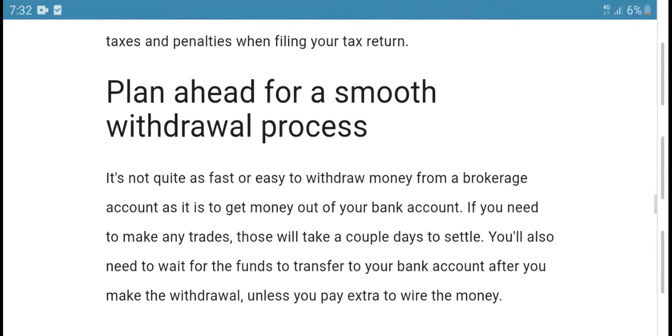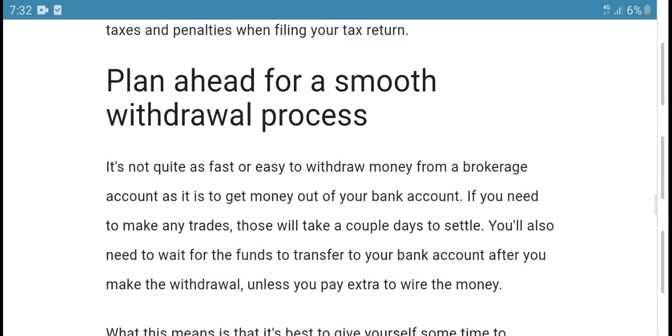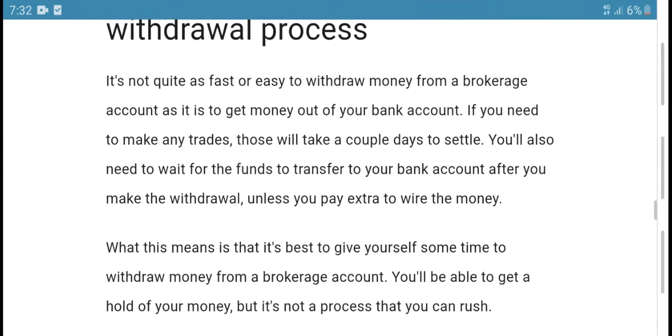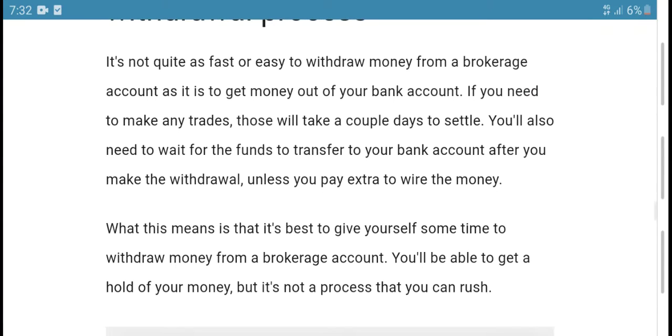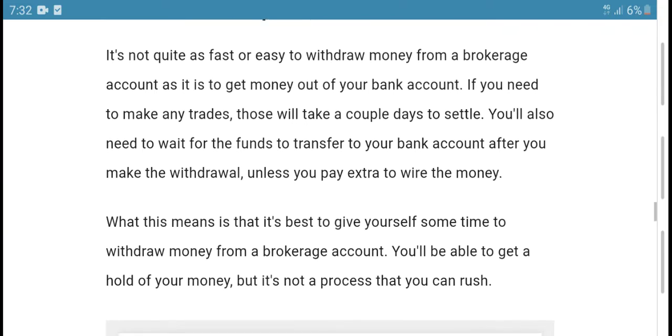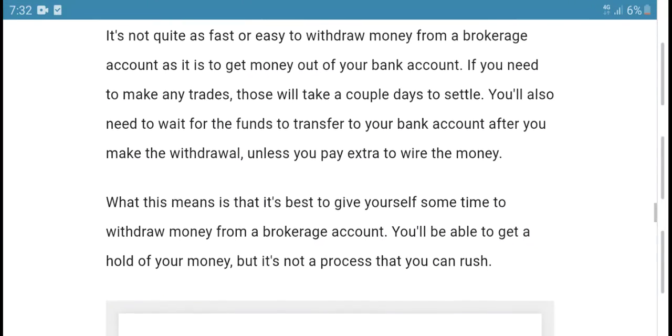Plan ahead for future taxes. The withdrawal process is not always fast and easy, but withdrawing money from a brokerage account gets money into your bank account.